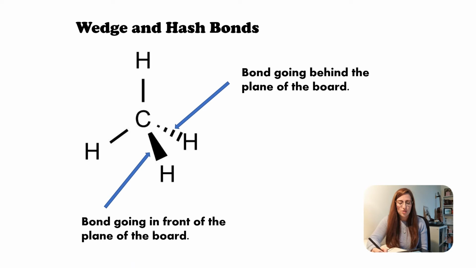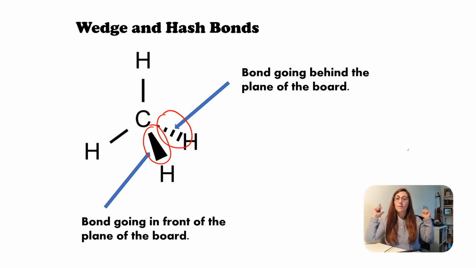So on the slide just now, we've got methane, which is an atom of carbon with 4 hydrogen atoms bonded to the carbon. You'll see that we have a wedge bond here and a hash bond. The wedge bond actually represents the bond going in front of the plane of the board. So if I am the plane of the board, then this bond is going in front of me, and the hash bond is going behind me.